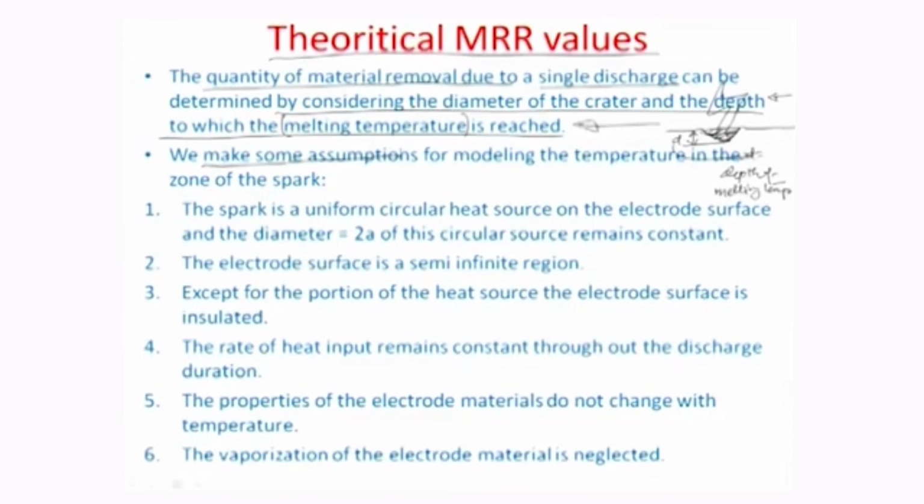and what we model for is the temperature in the zone of the spark. Okay, so the assumptions that we make for estimating this is that the spark is a uniform circular heat source on the electrode surface, and the diameter of this heat source is 2a, okay, of this circular source, and it remains constant throughout the process of discharge.